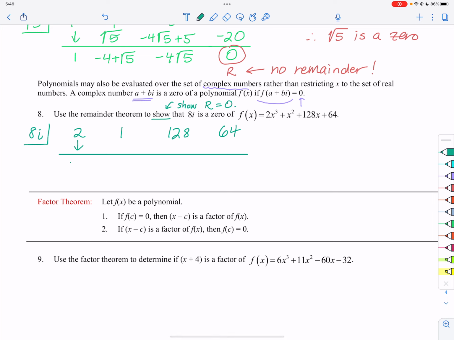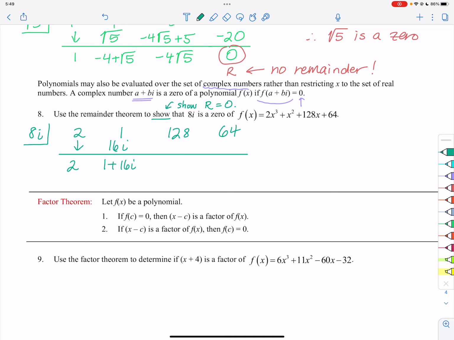And we'll drop that 2. And we have 16i, and then 16i plus 1. Then we multiply that by 8i.